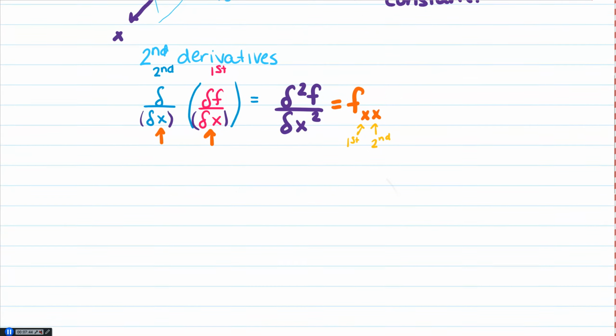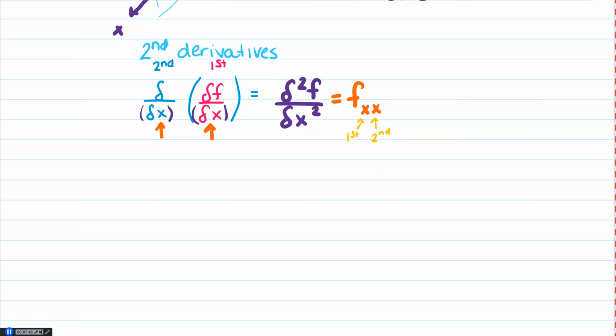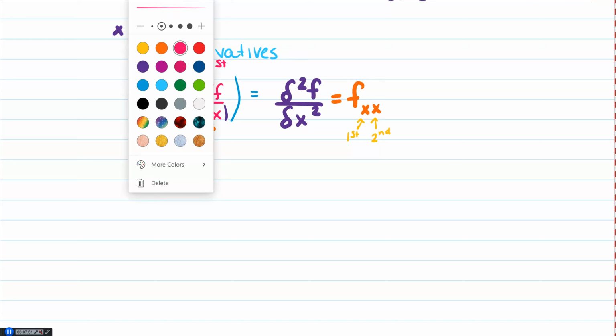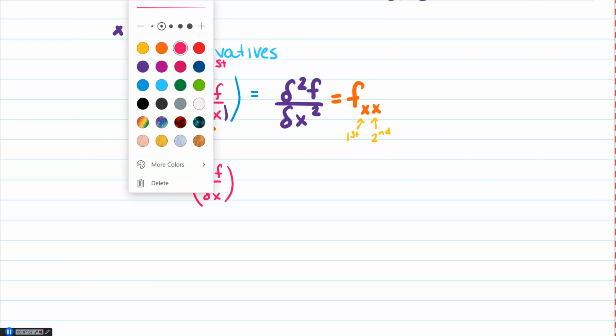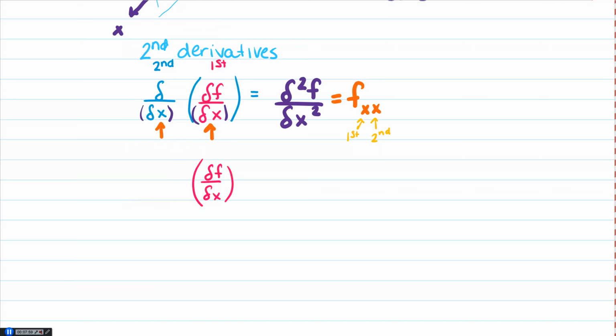Now, since there's two variables, we can actually do this 4 different ways. So another way that we could have done this was first take that partial derivative with respect to x, and then take the partial derivative of that with respect to y. So if we have on top the d and then the df, we would call that d2f. And then on bottom we've got dy dx.